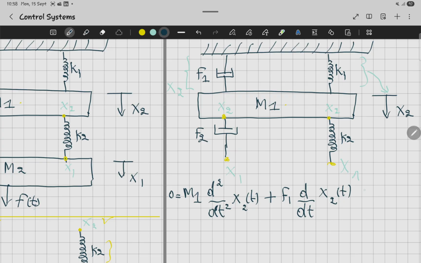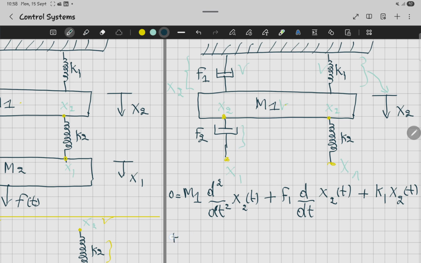And then plus k1 x2 of t. We're not done yet. We just wrote down this one plus this one plus that one. Now let's write down this one.